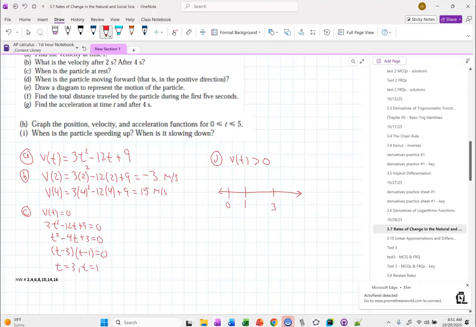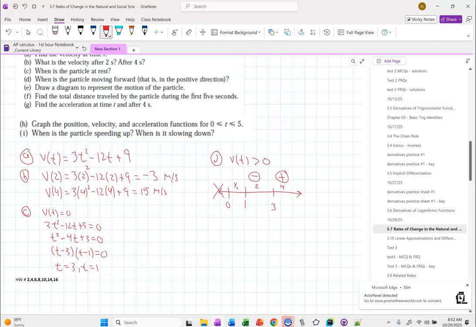So I just need to pick some values of t. I don't have to worry about anything less than 0, because we're talking about time. So I'm going to pick test values at 1/2, 2, and 4. Why did I pick 2 and 4? I already did the computation for v of 2 and v of 4, so I'm saving myself some time. I know that v of 2 is negative and v of 4 is positive.